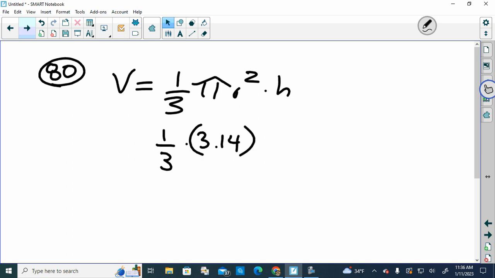If that bothers you, then put parentheses around it, because it's going to be multiplication. Did they give me radius? Yeah, which is 3. And then did they give me height? Which is 10.